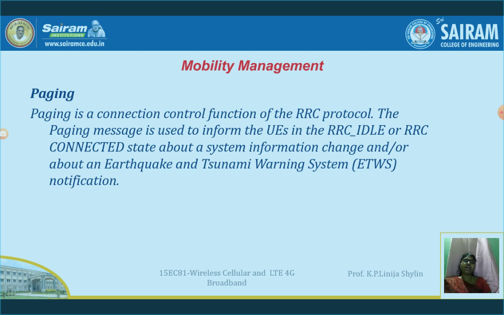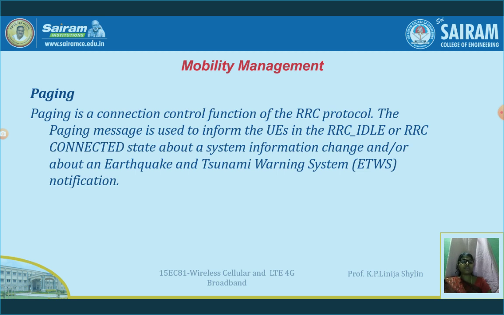We have studied that there are two states in RRC, the idle state as well as the connected state. So this will transmit the paging information to the user equipment whenever it is in the RRC idle state. It is also used to inform the user equipment in idle state as well as connected state about a system information change.